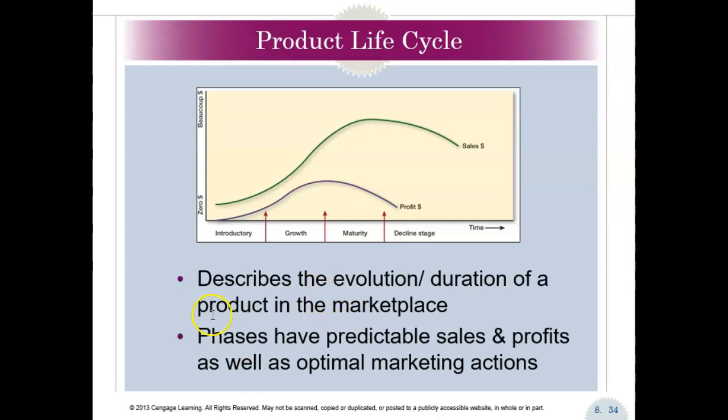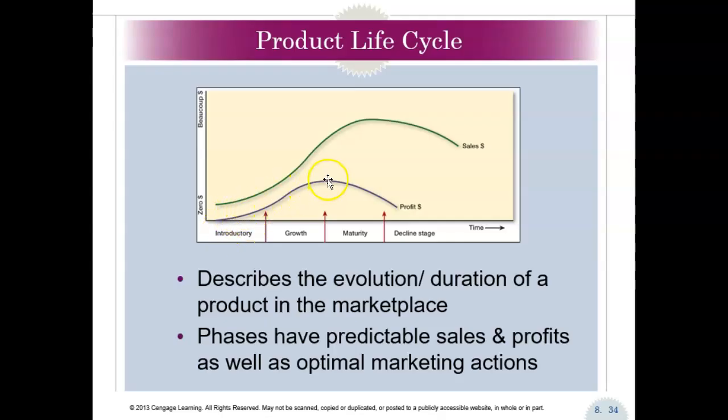So when we look at the phases, we see that there's an introductory phase, and by the way, a product can and will fail at any one of these stages, so keep that in mind. There's an introductory stage, which is just getting it out into the marketplace, and assuming it takes hold, there's a growth stage attached to it.